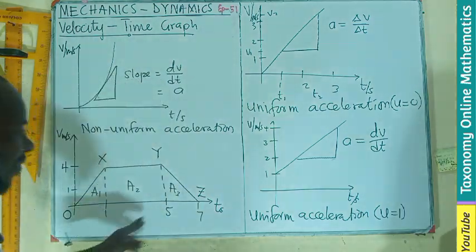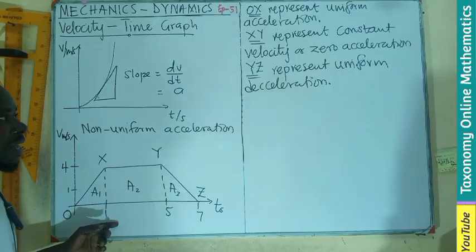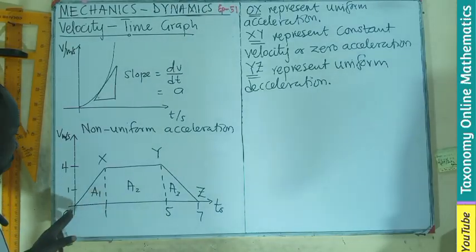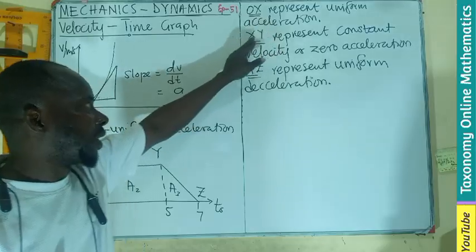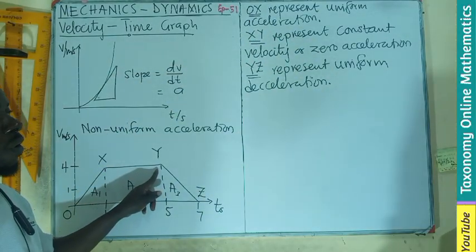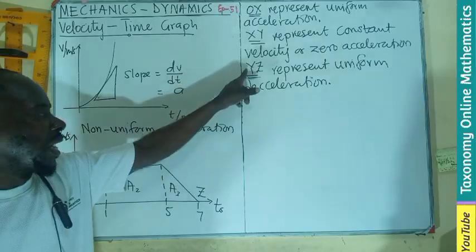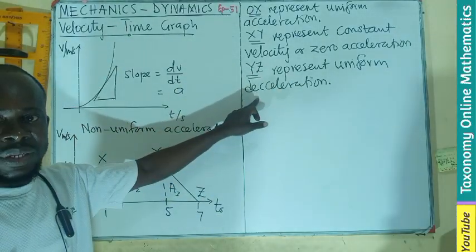So let's represent this a little bit further and see. From what I have been explaining, OX is representing uniform acceleration, XY represents a constant velocity or 0 acceleration, then YZ also represents a uniform deceleration.